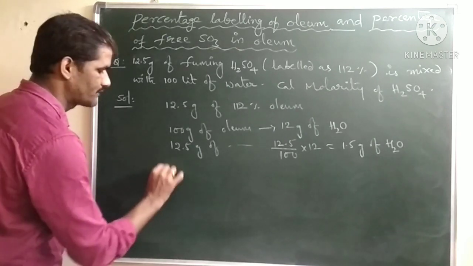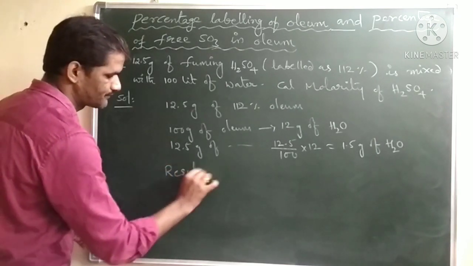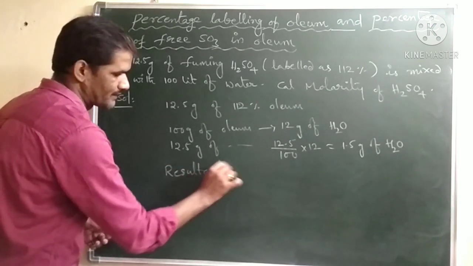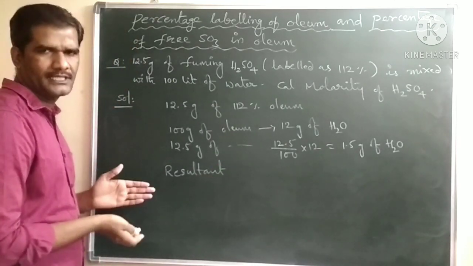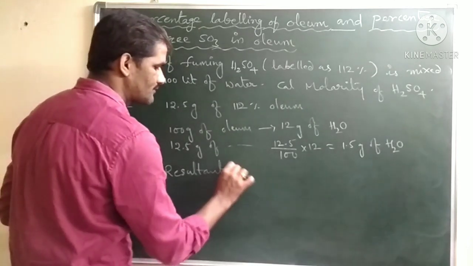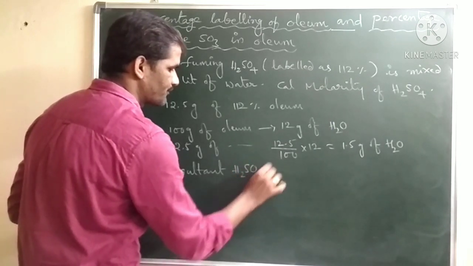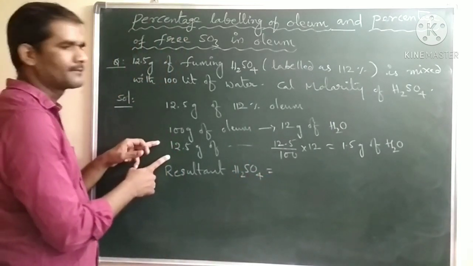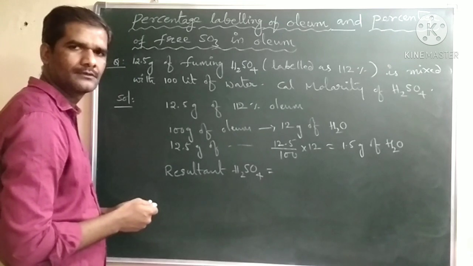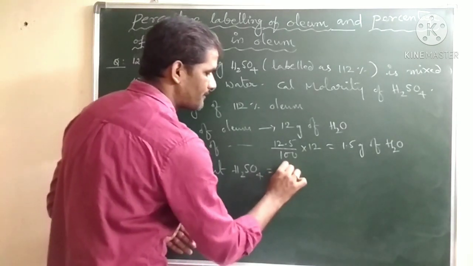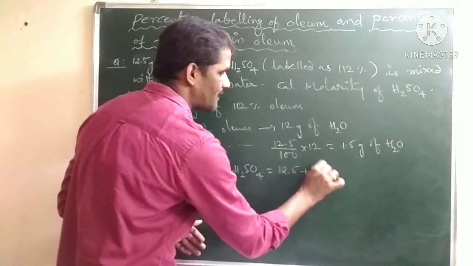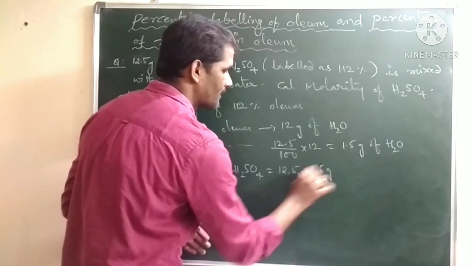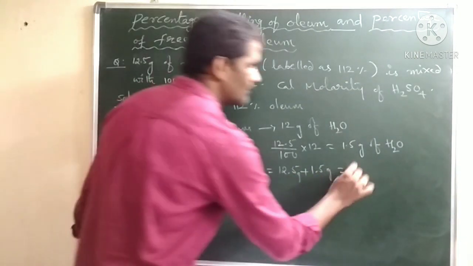So for 12.5 grams we are adding 1.5 grams. So what is the resultant? 12.5 plus 1.5 grams, the total 14 grams.